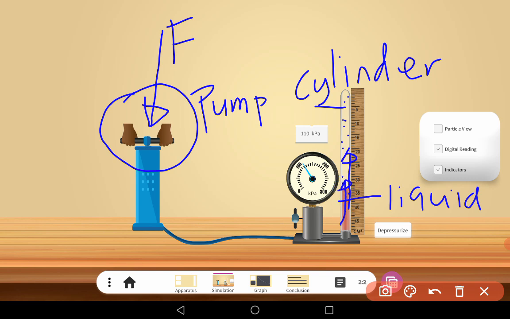As the liquid rises, it occupies the space which was occupied by air. So the air particles are confined to a very small volume. Because volume is decreasing, pressure is going to increase.